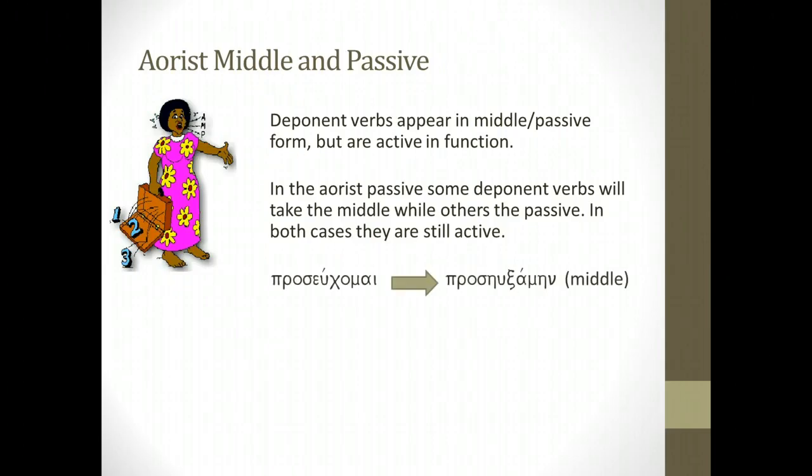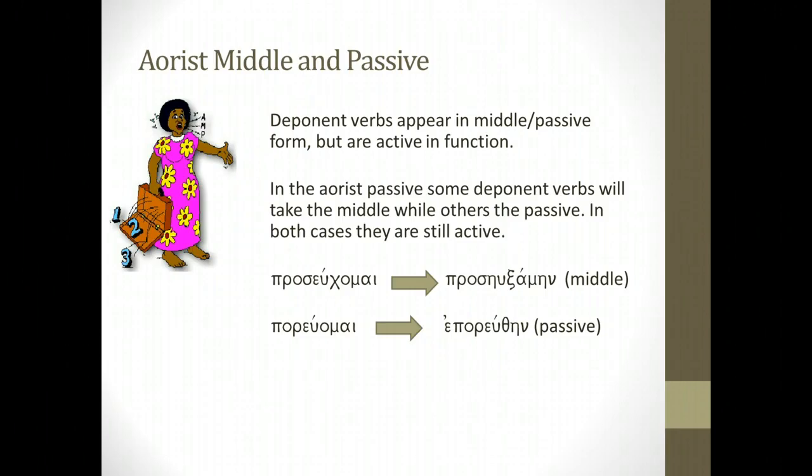So, with that said, we have proseuchomai, which takes the middle. It becomes proseuxametha. All right, but it's not "I was praying for myself." It's again deponent, so it's aorist, deponent, indicative, first person plural. We prayed. Or in the case of poreuomai, this time it takes a passive ending.